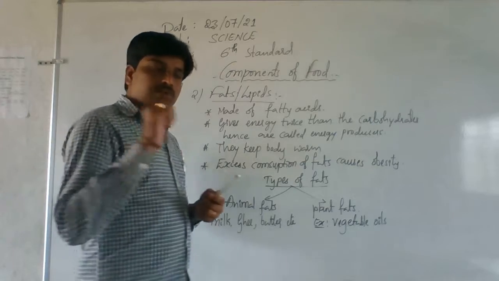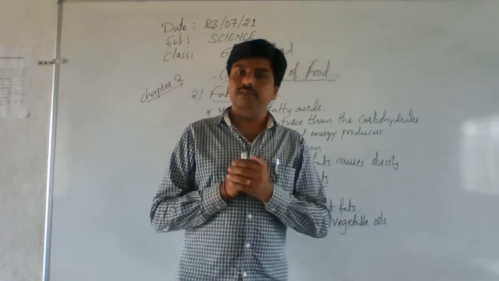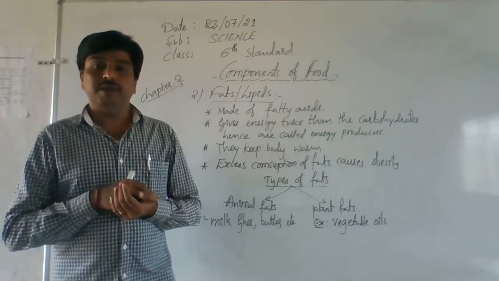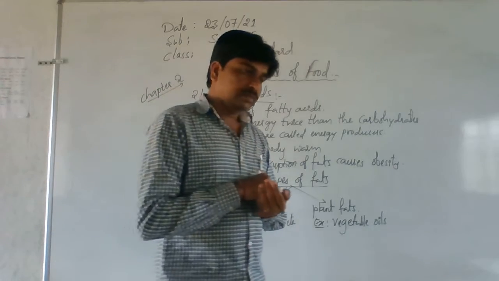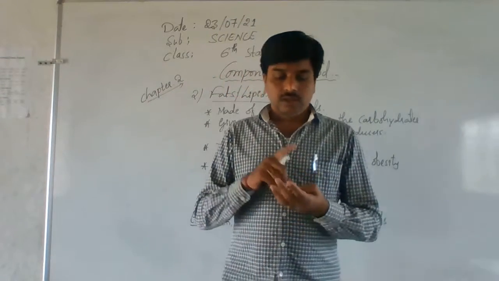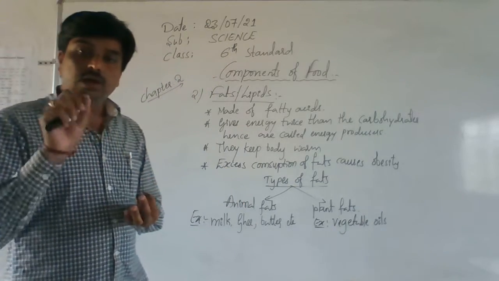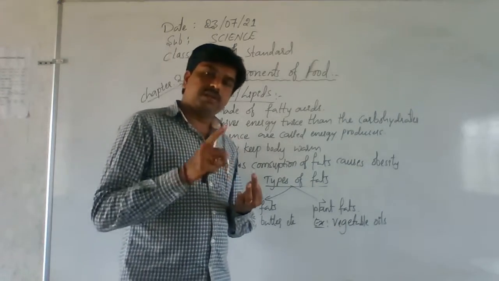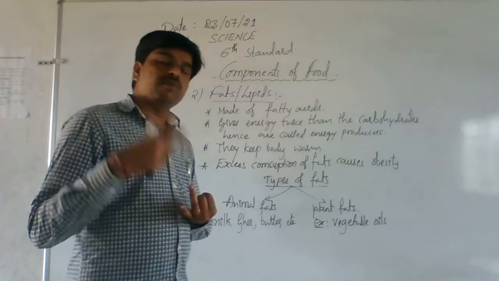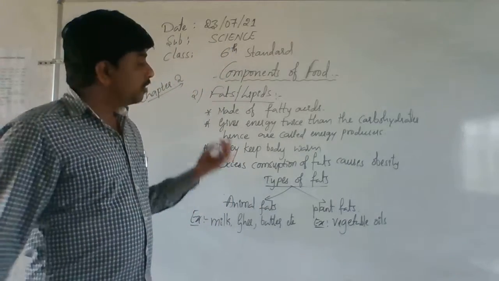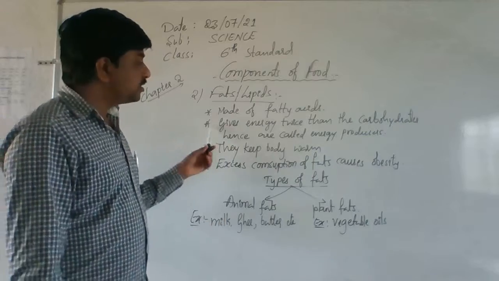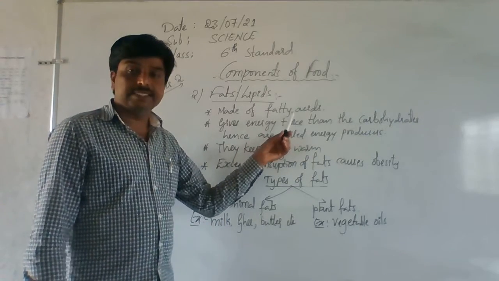Remember what I told in the last class in case of carbohydrates? Carbohydrates are specially made of three elements: carbon, hydrogen and oxygen. But fats are made of fatty acids.